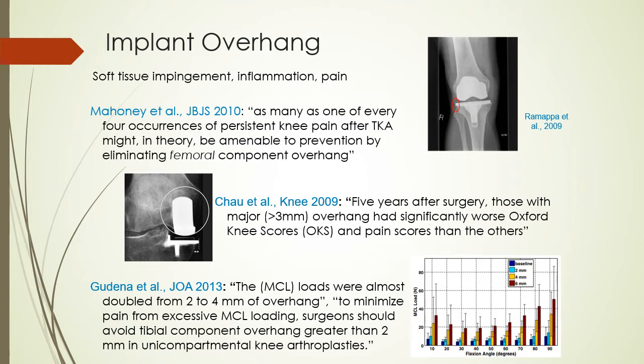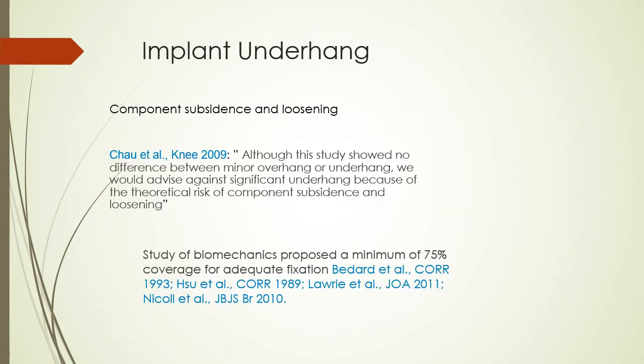From a biomechanics standpoint, it also adds more stress on the MCL or soft tissue. So excessive overhang is not a good thing for the clinical outcome. Therefore, from an implant design standpoint, we want to avoid overhang.